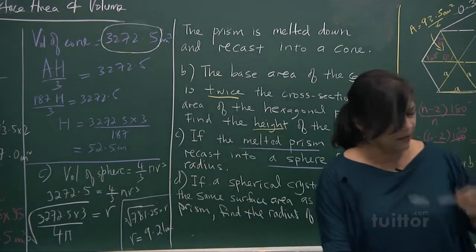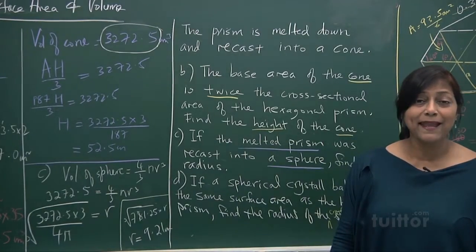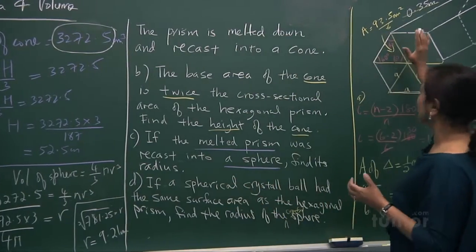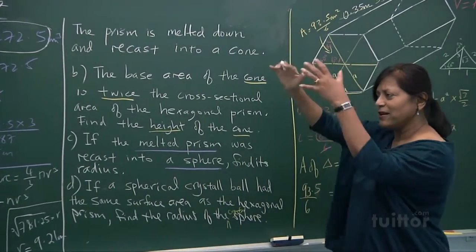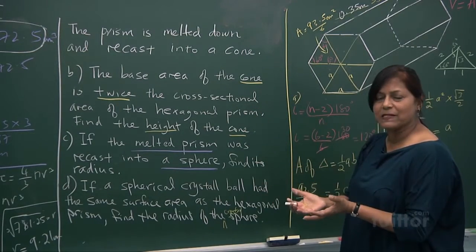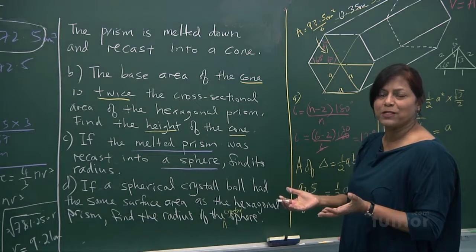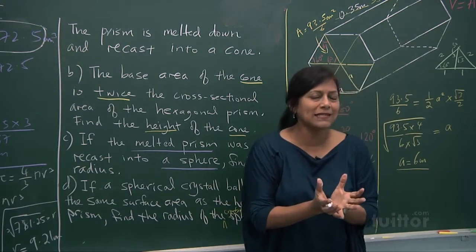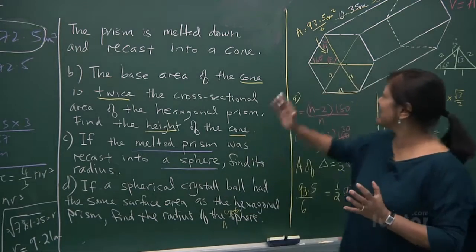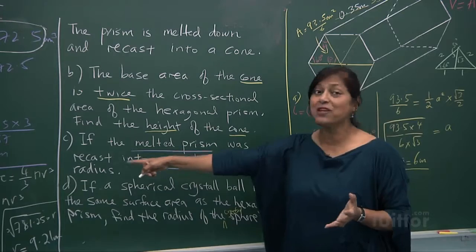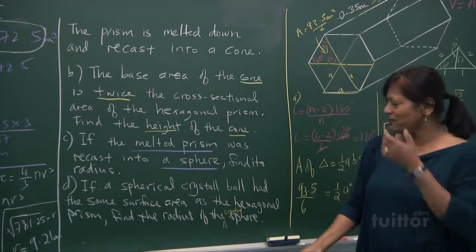That will be the approximate radius. So if you change this whole thing into a ball, a sphere, the radius of the sphere will be 9.21. That sphere will have the same volume as this, because the melted prism is recast into a sphere.